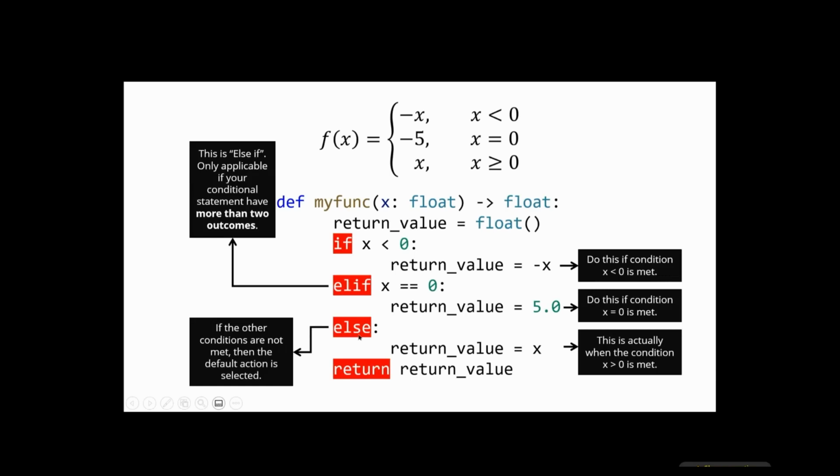Same goes for else. It is optional. Whether you put elif or you don't, it's up to you. It depends on your situation, on your execution or your intention. What's your intention? Is there any other condition? If there are no other conditions, then just don't put elif. Okay.